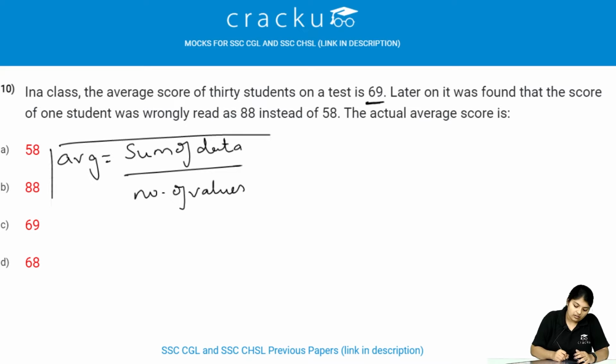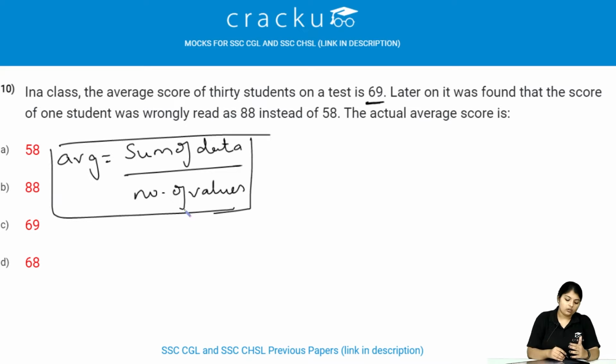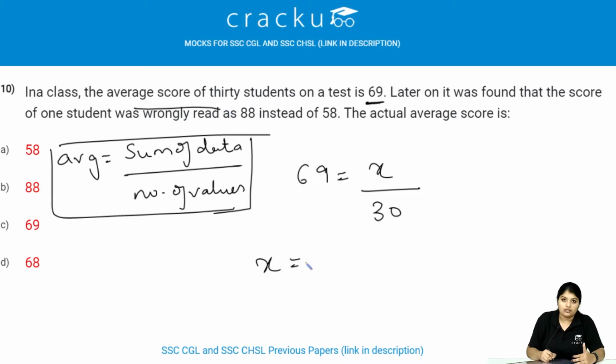So he is telling that the average score of 30 students on a test is 69. Given that the average is 69, so 69 is equal to the sum of the scores, which we don't know. Let the sum of the scores be x and the number of students is 30. Therefore, x is equal to 69 into 30, that is 9 3s are 27, 6 3s are 18 plus 2 is 20, so 2070.